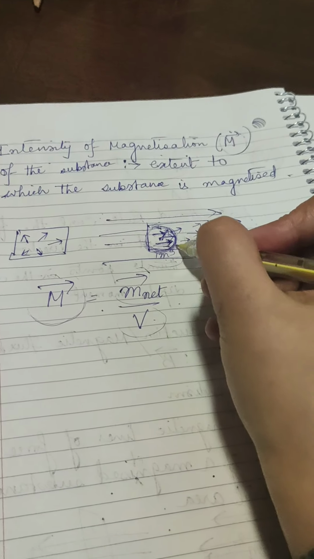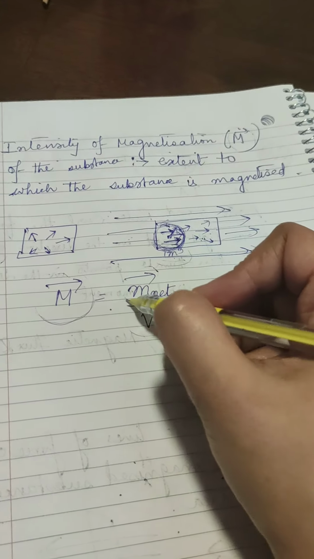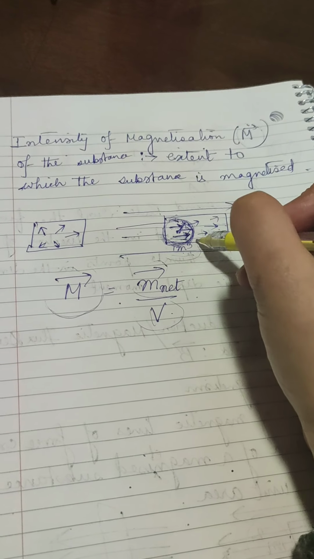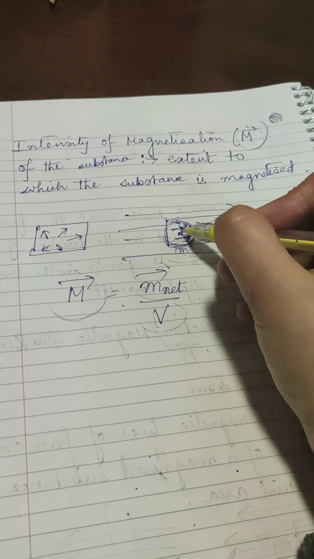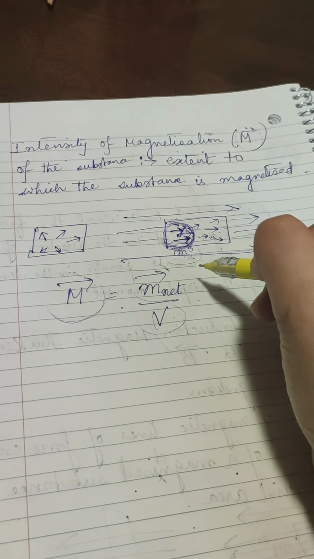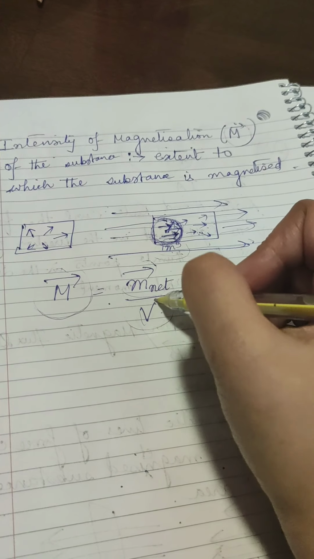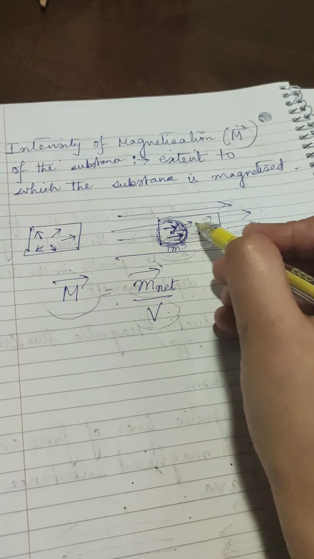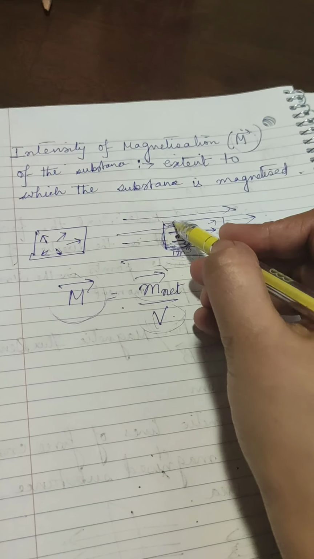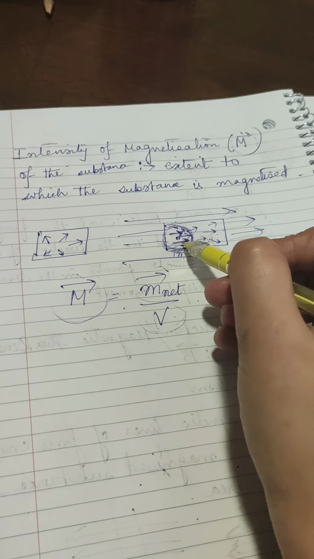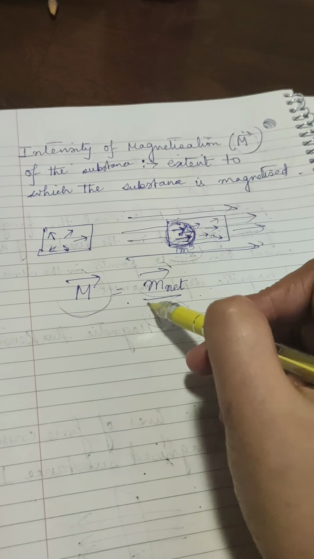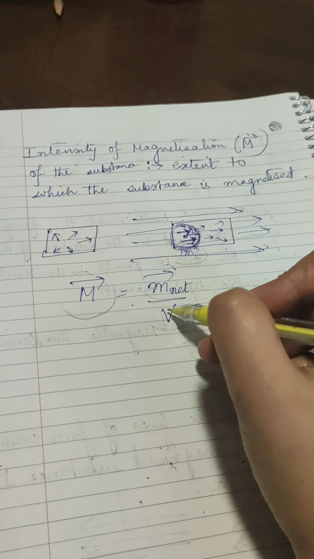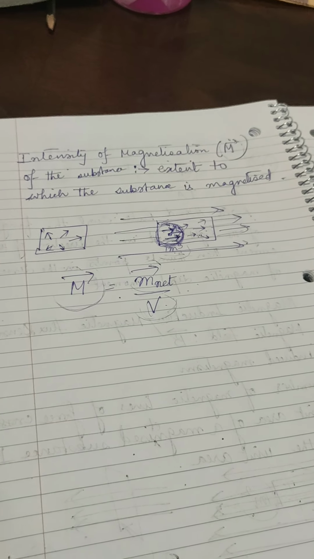Now 3 atomic dipoles have aligned in the same direction, whereas previously 2 had aligned, so the magnetic moment per unit volume is now different.